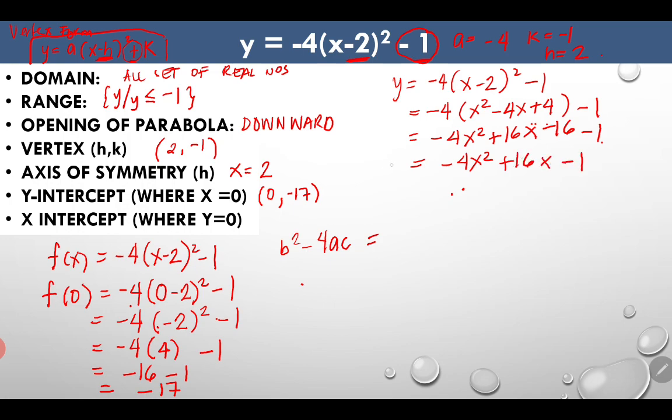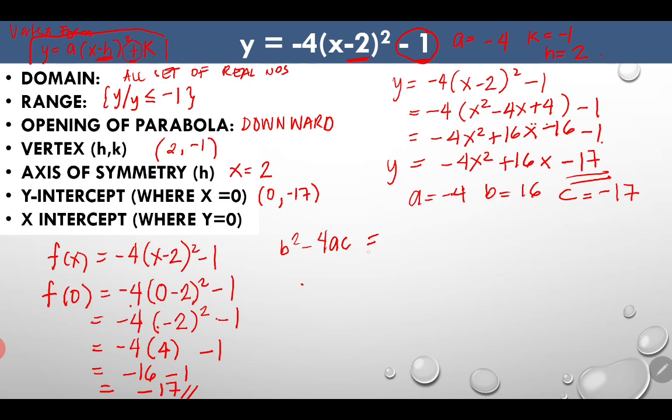So, if you notice, nung nag-standard form tayo ng quadratic function from vertex form, so this is minus 17 pala to. Yung c natin is the same what we got with the y-intercept. Okay, so anyway. So, ang a natin is equals to negative 4. Ang b natin is equals to positive 16. And then, ang c natin is equals to negative 17.